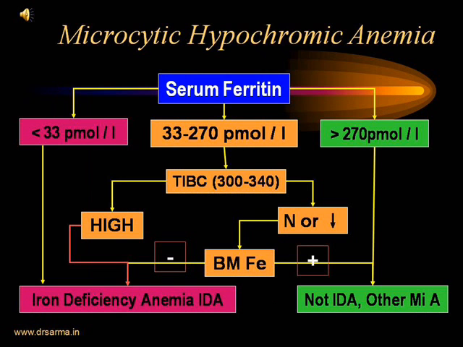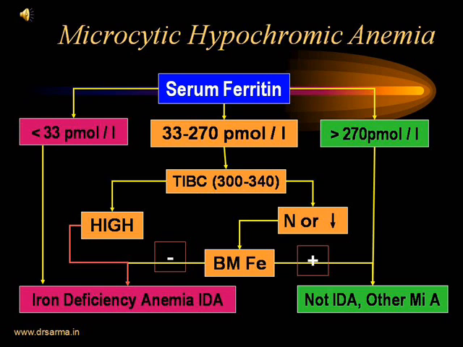If we find out that a patient has microcytic hypochromic anemia, the most common cause would be iron deficiency anemia. Nonetheless, we need to confirm this. How to do that? We have to order serum ferritin. Based on the serum ferritin value, we can classify the result into 3 types.